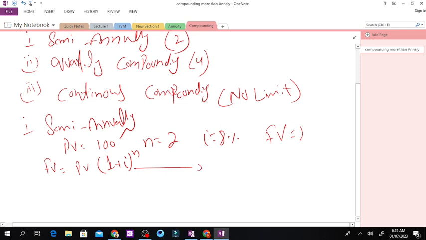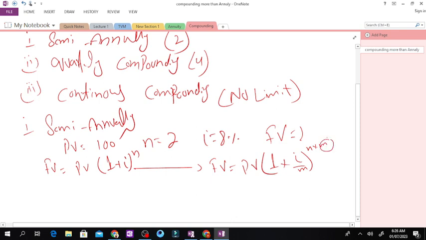Here we are in a semi-annual system, so we will do it like this: 1 plus i divided by m, and n will be multiplied by m. And what is m?